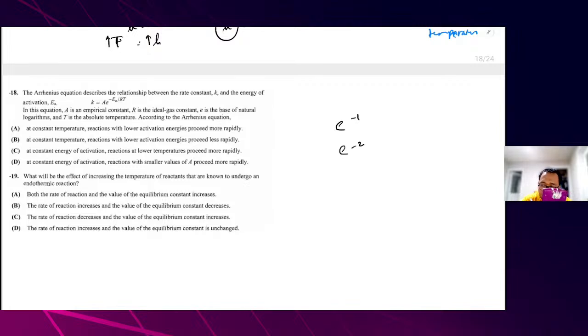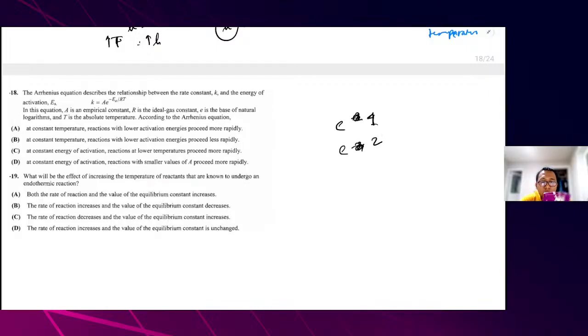If e to the -1, or maybe e to -2, or -3, we still get a small number, so just like 1 and 2.